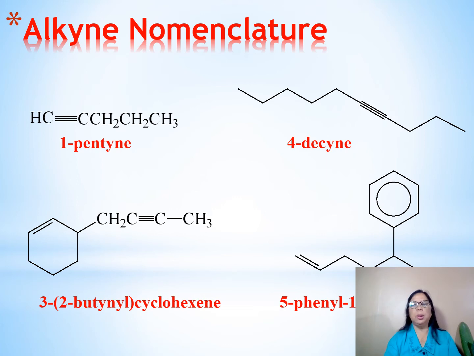How many carbons? 1, 2, 3, 4, 5, 6, 7, 8, 9, 10. So decane. Where is the carbon facing the triple bond? 1, 2, 3, 4. So the fourth carbon is facing the triple bond, so you write there 4-decyne.